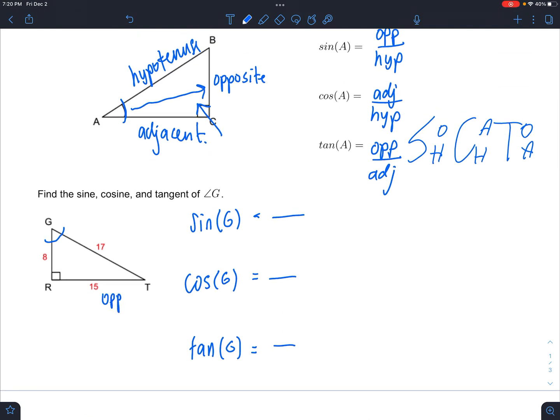So if we label our triangle, I always start with the opposite. It always makes sense to me. The opposite is 15, the hypotenuse is 17. So that's the setup. That sets you up a ratio that can help you find an angle or side. And cosine is adjacent over hypotenuse, and tangent is opposite over adjacent.